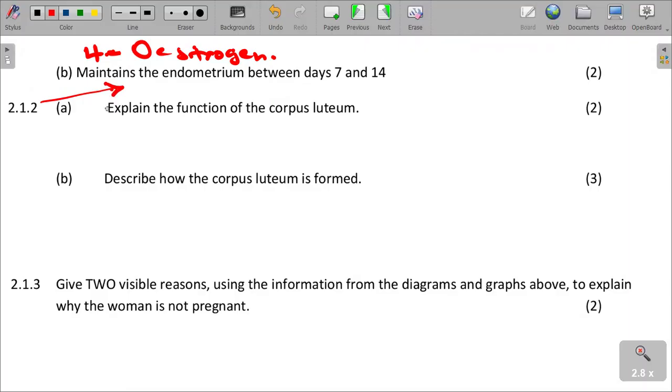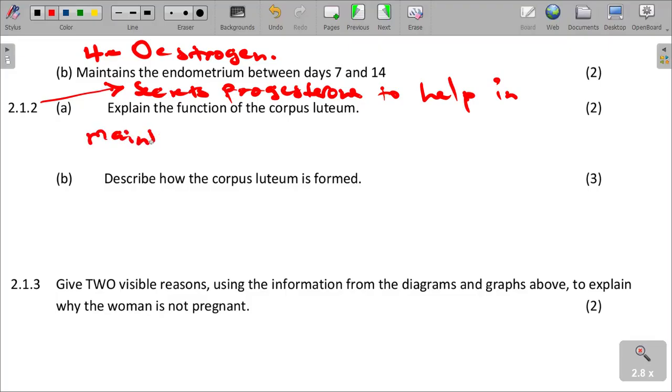It is actually the inner membrane of the ovary that remains, which secretes progesterone, which helps in the maintenance of the endometrium.